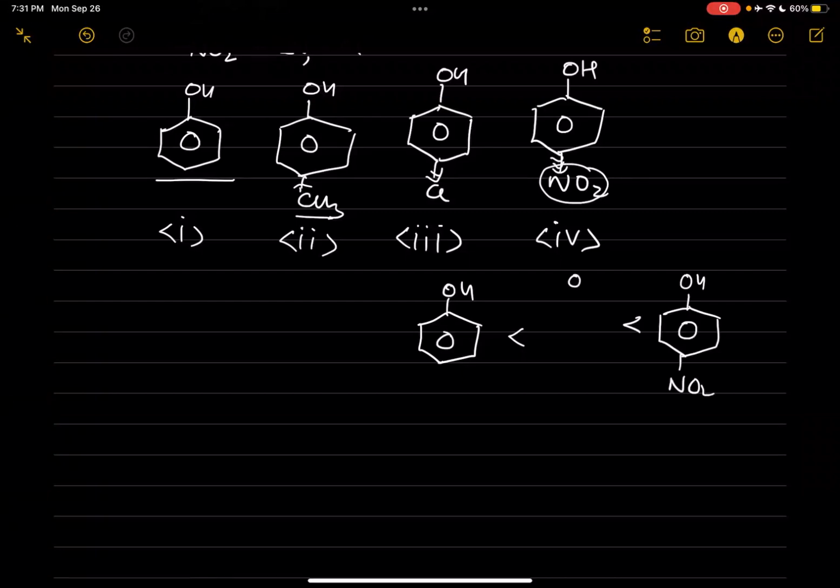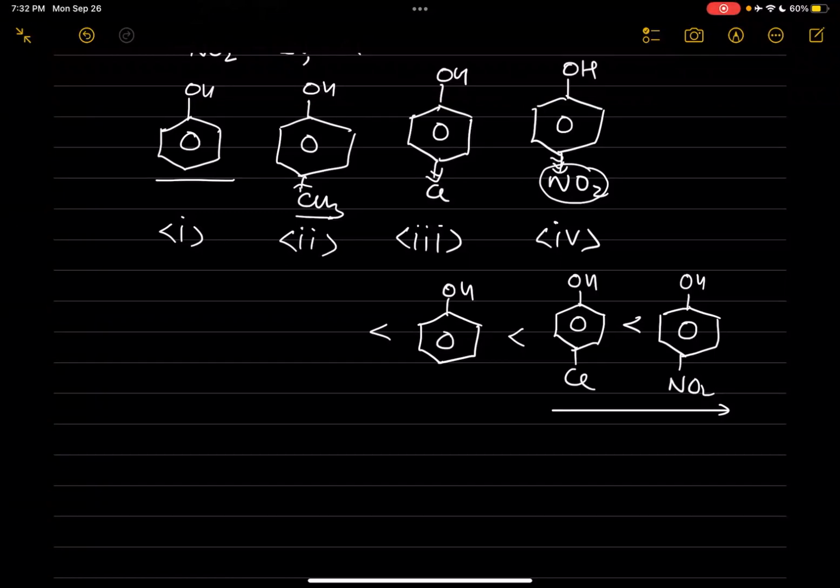Cl is also an electron withdrawing group, but not up to the extent that NO2 is, because NO2 actually has N plus and there are two oxygen atoms. So both of them are more acidic because these are electron withdrawing groups, and they are going to pull the negative charge of the O negative toward themselves, so negative charge will decrease on oxygen, so H plus will go away easily.